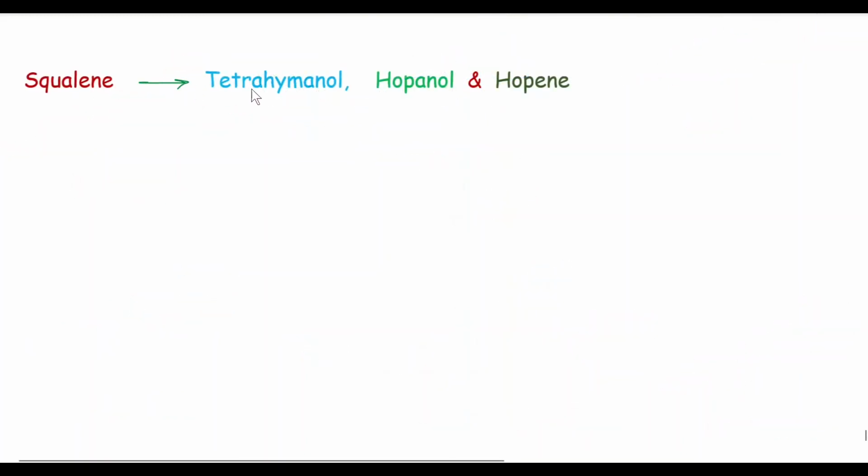Now we will see the biogenesis of tetrahymanol, hopanol and hopene from squalene. So first, the structure of squalene in chair, boat form.